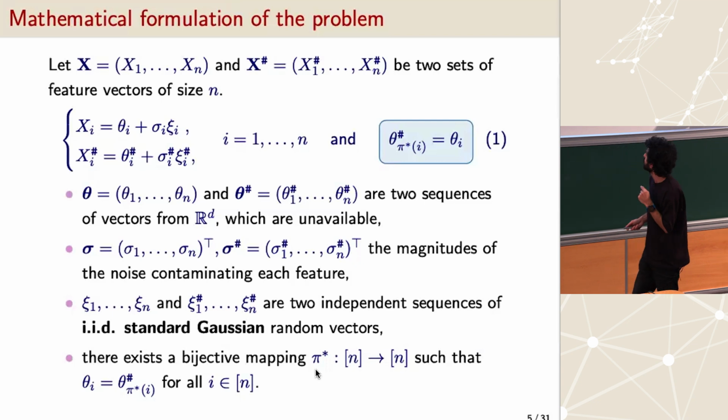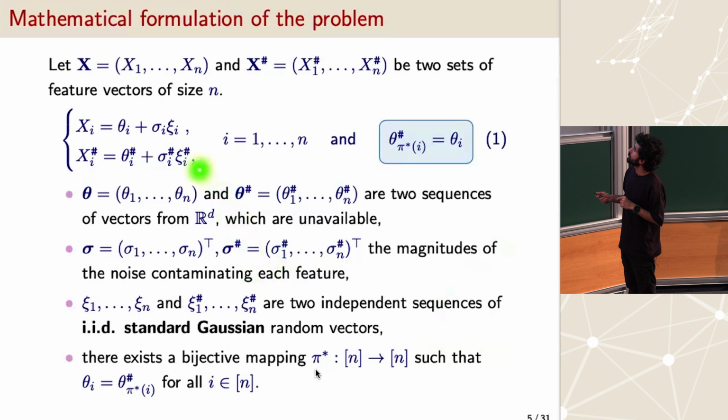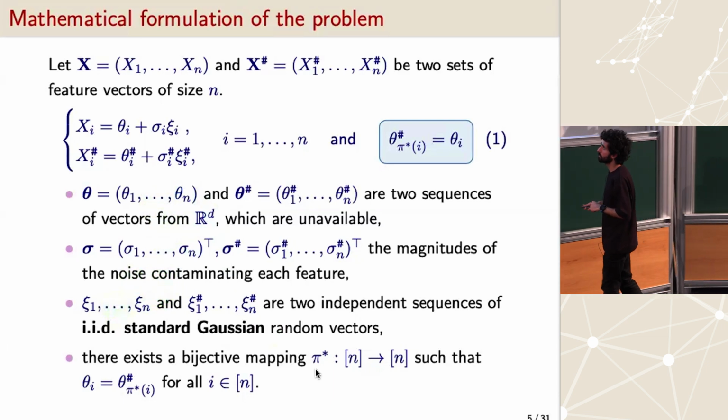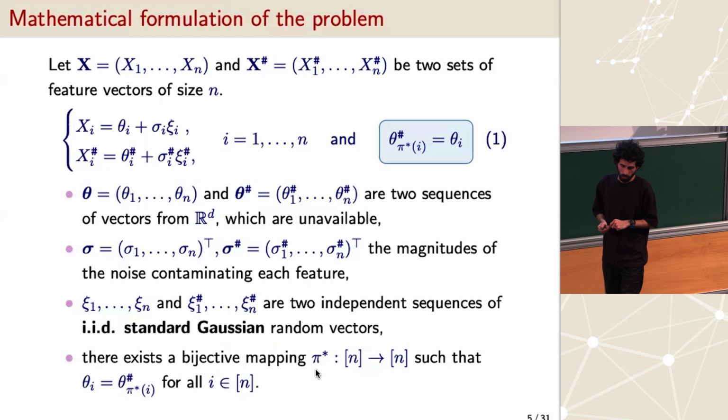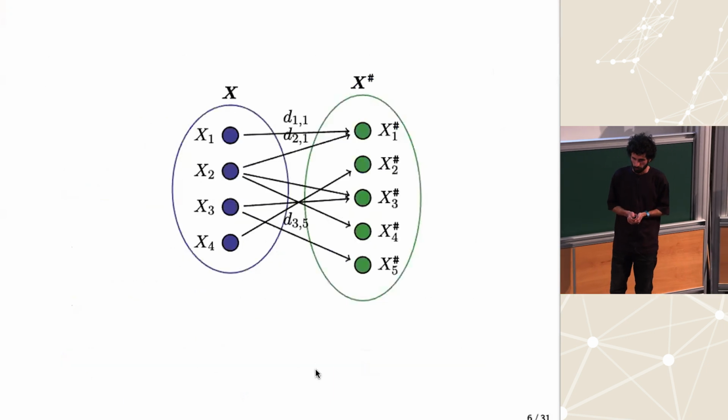So here we assume that X_i and X'_i are IID Gaussian random vectors, and we don't impose any conditions on the feature vectors theta and noise components sigma. We are interested in recovering this pi star.